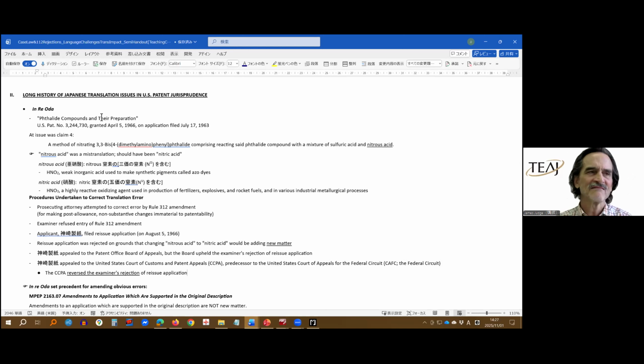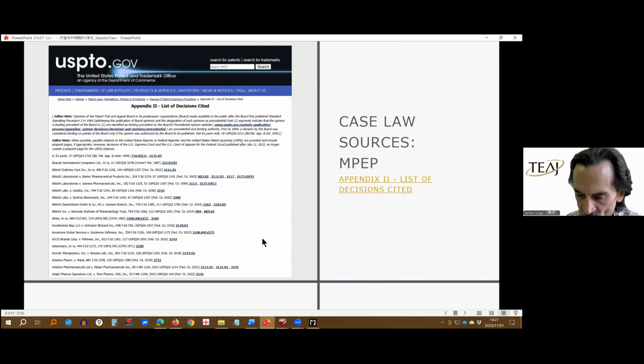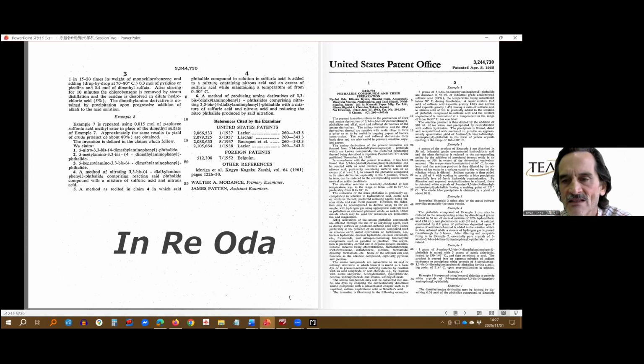I just had no idea that these kinds of procedures were going on between Japan and the US even in the early 60s. So basically, I will just show this slide very quickly, this In re Oda. Here it is in the slides. This is the actual patent that issued. It's just 2 pages. This is the entire patent.